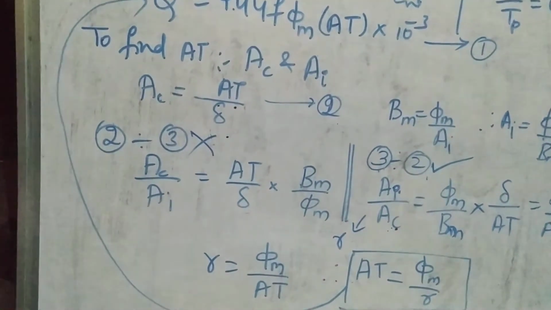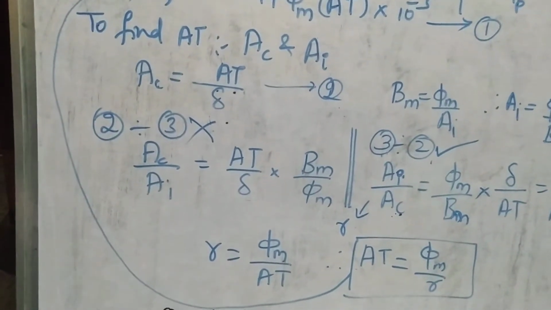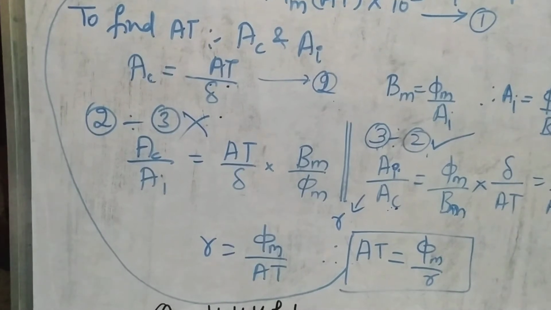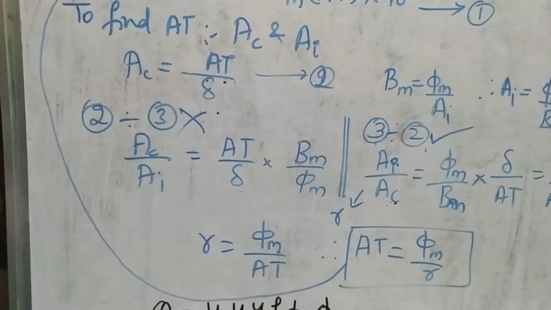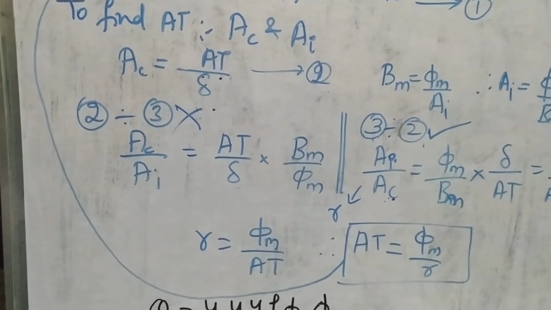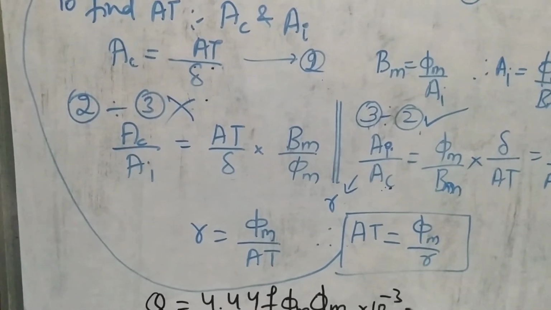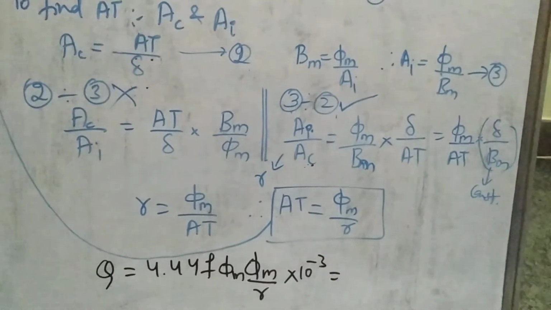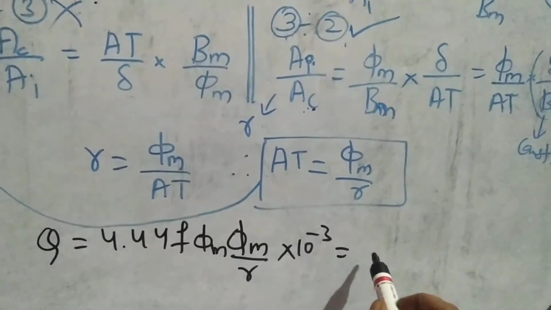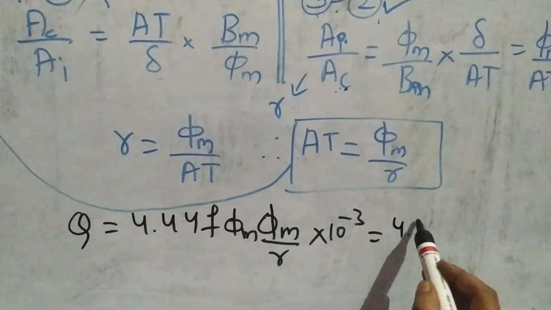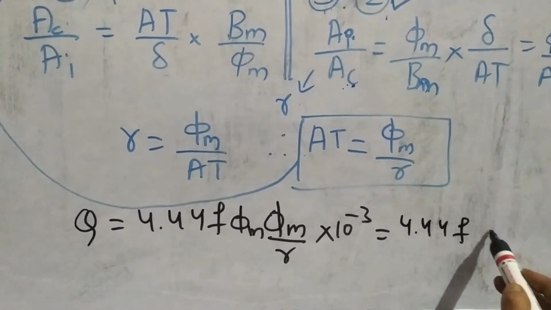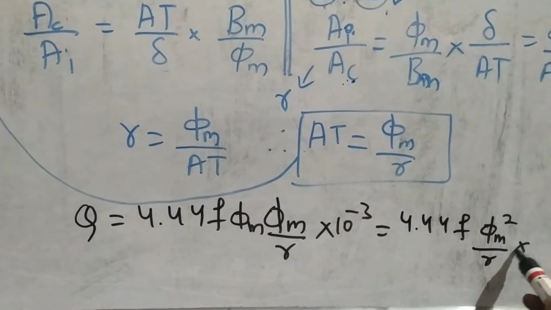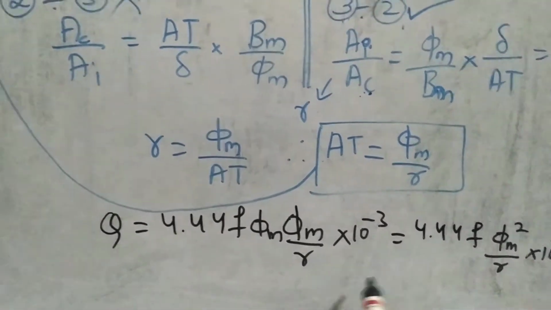So we'll get the answer as Q is equal to 4.44 F into flux divided by R, multiplied by 10 power of minus 3. When you simplify this further, we get 4.44 F into flux, it becomes flux square divided by R into 10 power of minus 3.